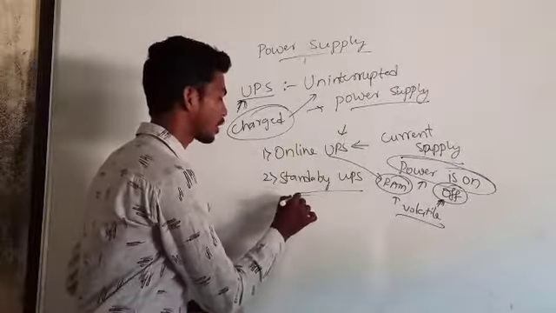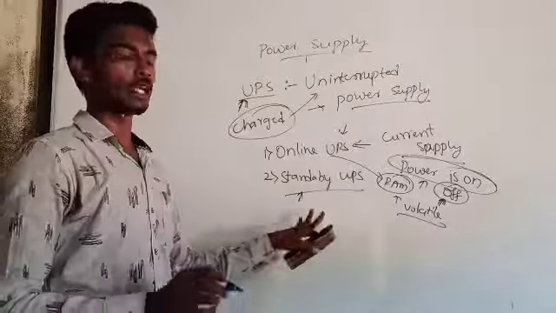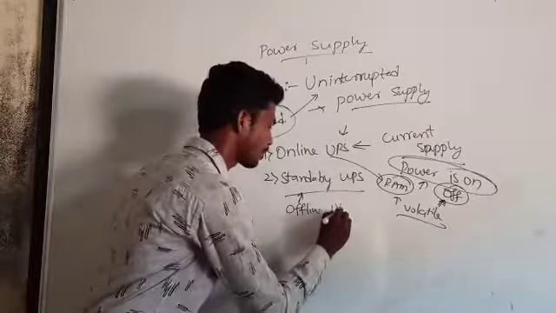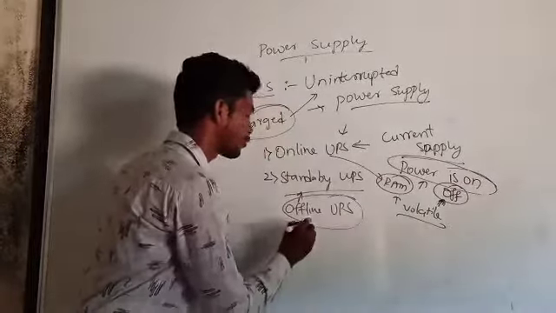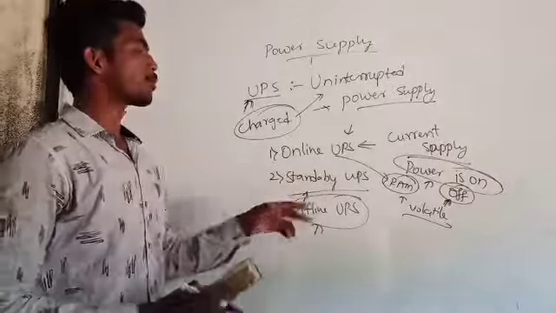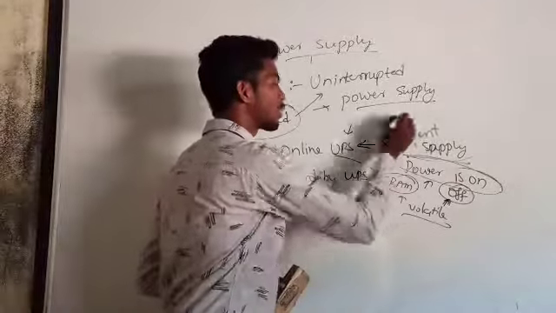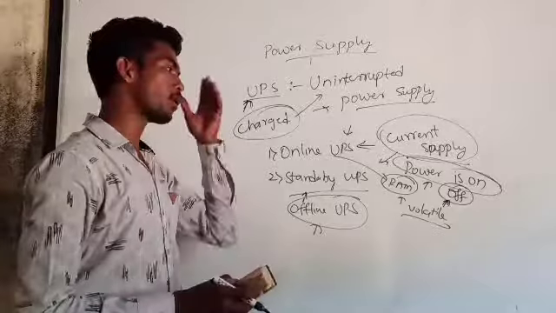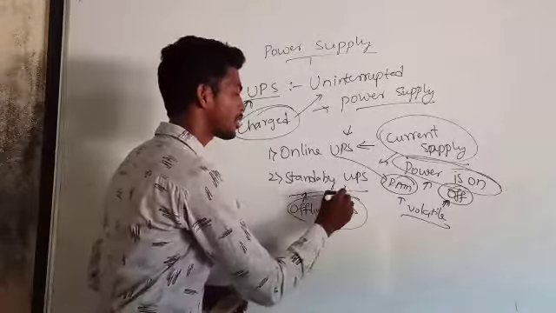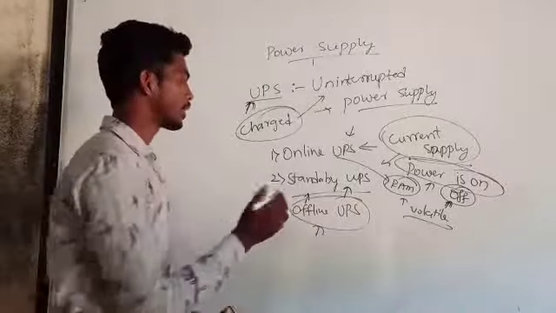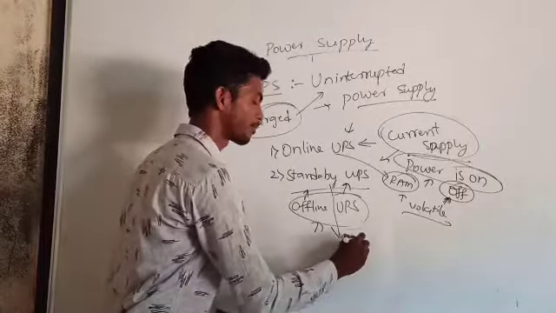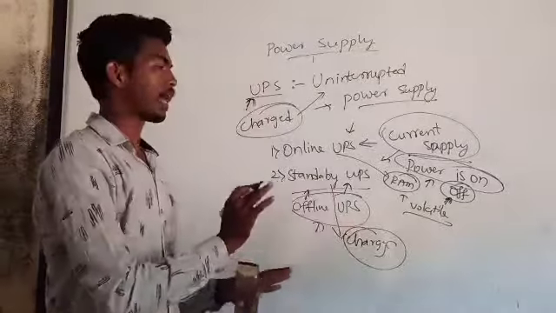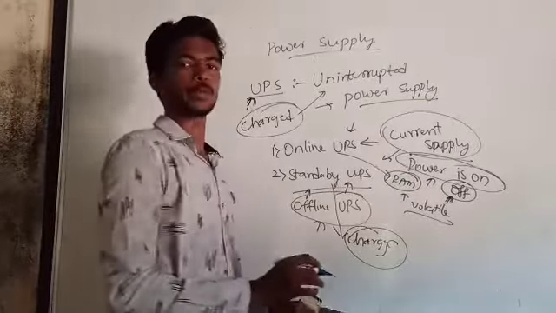The standby UPS is also called the offline UPS. It does not provide a continuous current supply to the computer when the power is on. When the power is on, the standby UPS does not work; it just charges itself and is not connected to the computer.